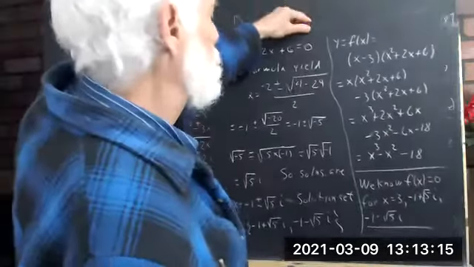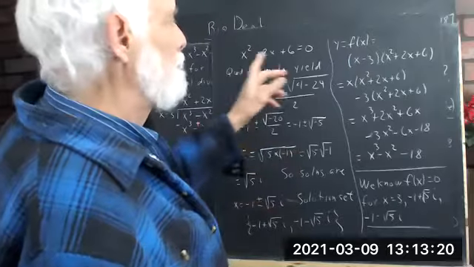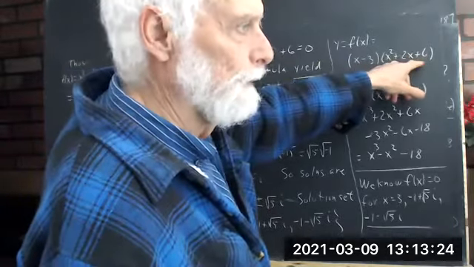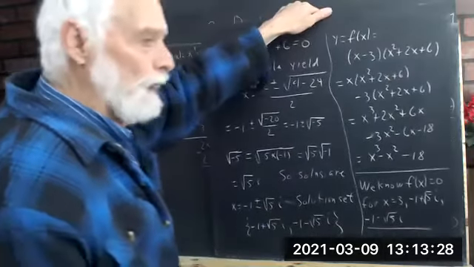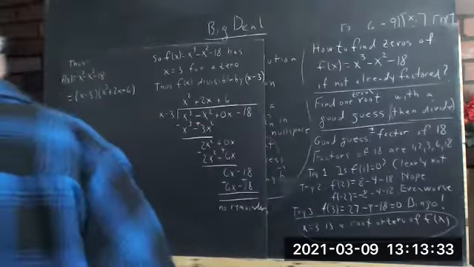Okay, so what did we start with? We started with x minus 3 times x squared plus 2x plus 6. That's how we got this. But if we didn't know it, this is how we would rediscover it.